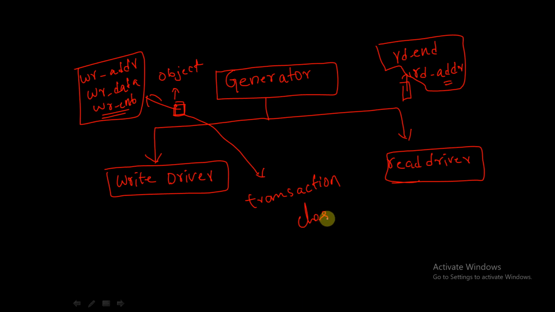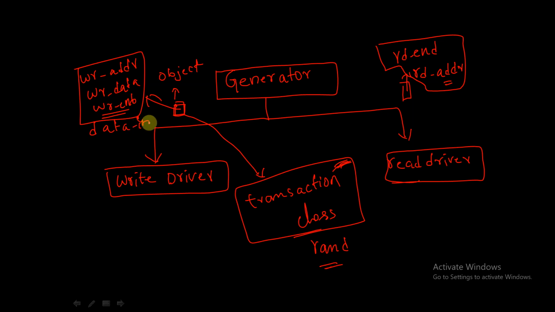So we are going to create a class known as the transaction class, and in this class we will declare all the variables with the keyword rand. All the variables, which means write address, write data, write enable, read address, and data in, we are going to declare with the rand keyword.